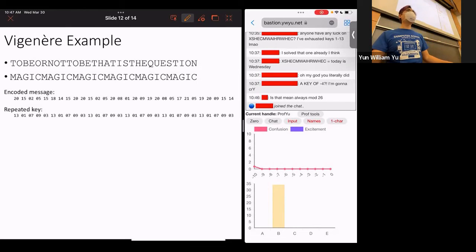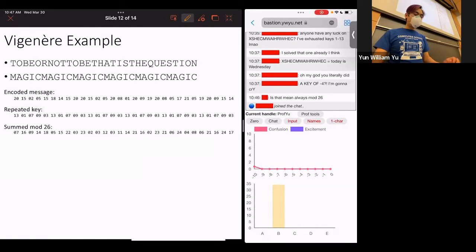In the normal Caesar cipher, you add the same number to every number. But with this cipher, you instead add down each column. So to the T, you'd add M. So to 20, you'd add 13, and so on. You sum these and take the mod 26, and you get some other encoding.